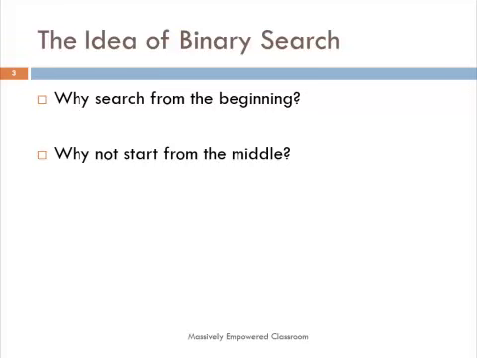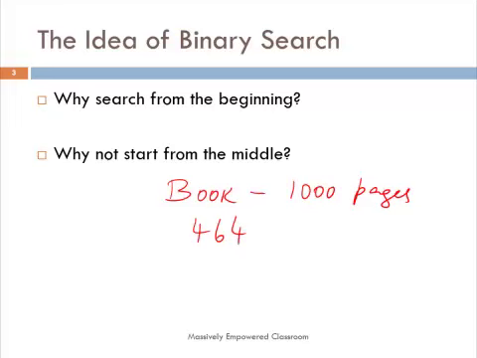As human beings, we tend to do this naturally, right? Just consider this example. Let's say you have a very fat book. Let's say the book has 1,000 pages, right? So you're holding a 1,000-page book in your hands, and you know that you need to get to page 464.